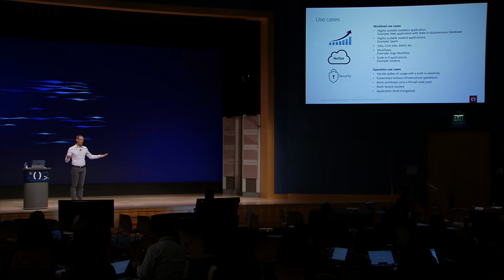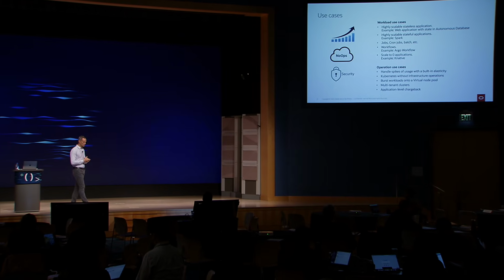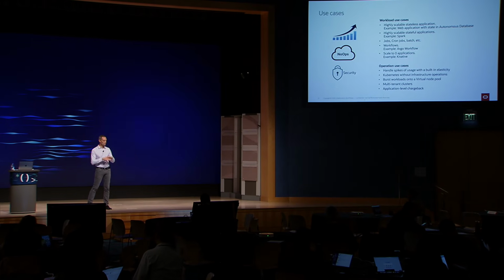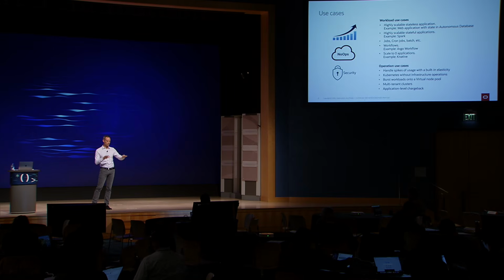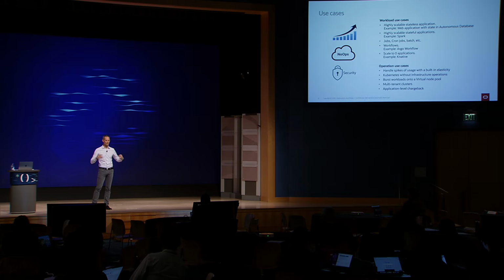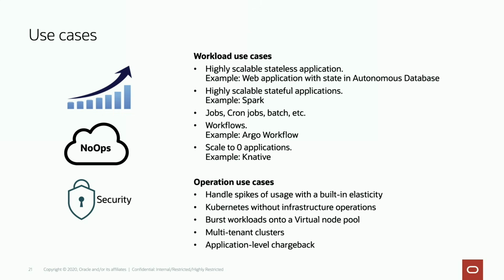Because you don't have to worry about the resources at the node pool level, at the node level. Whenever a batch job or an application that requires more workload, more resources suddenly, we will provision it on virtual nodes transparently.